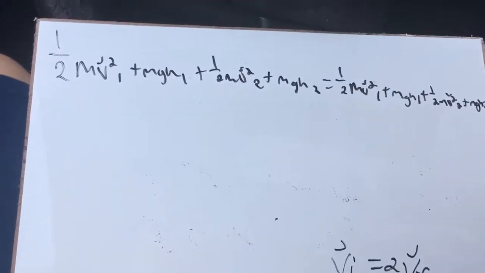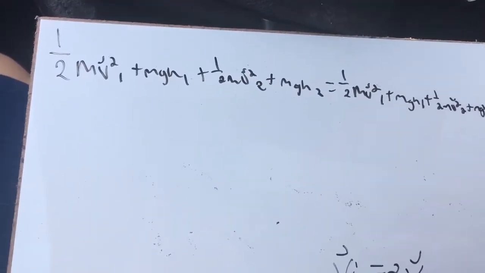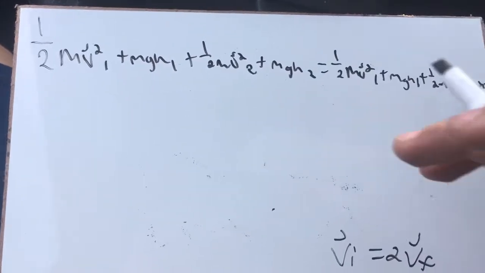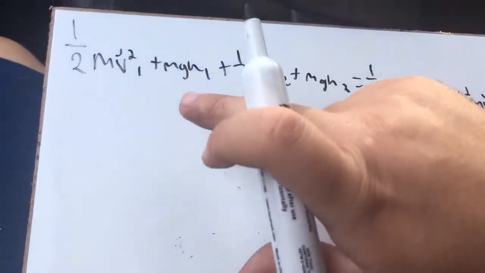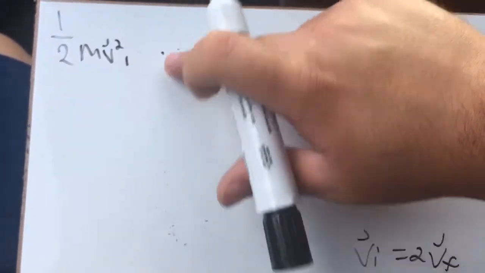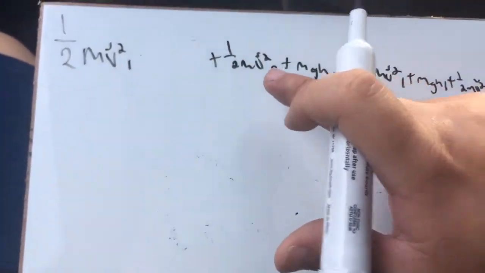So in the first scenario, we know that block A has some kinetic energy but no potential energy. So we can erase this. And block B has 0 kinetic energy or potential energy, so we can erase this.